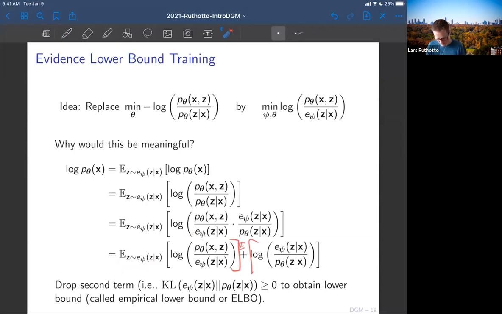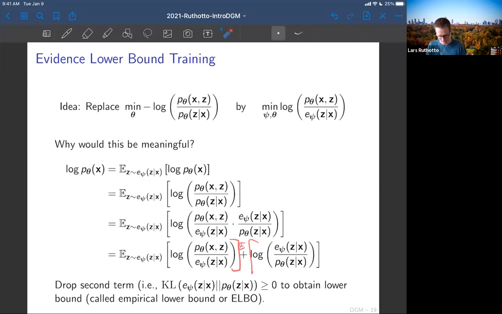Right. So now if you look at this, this is a KL term, no? Because you sample from the encoder, and you have the log of the ratio between the encoder and the posterior. So one property of the KL that we all remember is that it's non-negative.